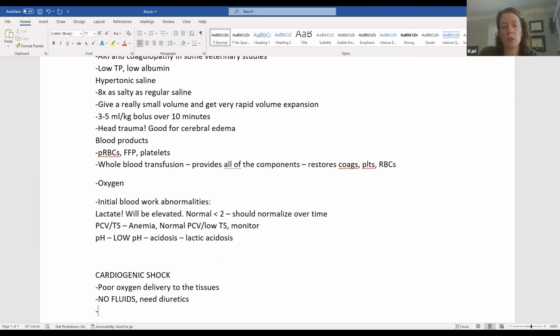How might you differentiate a patient in cardiogenic shock from a patient in hypovolemic shock on your triage exam? What might be some clues that would make you say, oh, maybe this patient is not hypovolemic? Good. So Kenny's saying tachycardia and rapid breathing. Keep in mind that you can see those both with hypovolemic shock, right? What's rapid breathing called? Tachypnea.